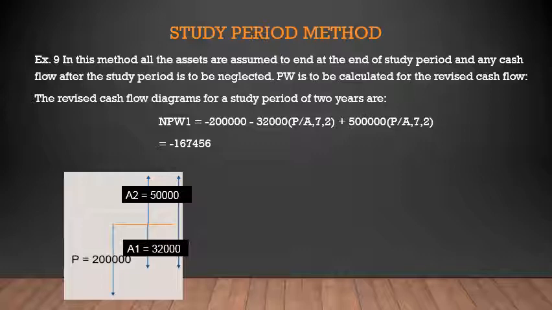Okay, let me calculate the net present worth of this particular cash flow diagram. 2 lakh, it's already P, there is no need for further conversion. 32,000, it is A for 2 years, convert that into P using the factor P by A comma 7 comma 2. This is 50,000, convert that into P using the factor P by A comma 7 comma 2, and you will get it as 167456.